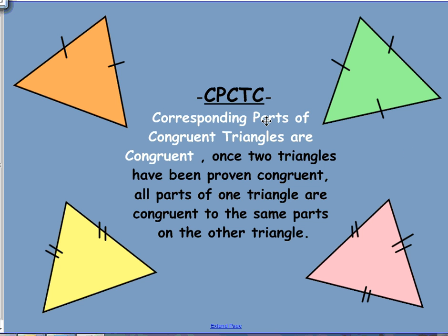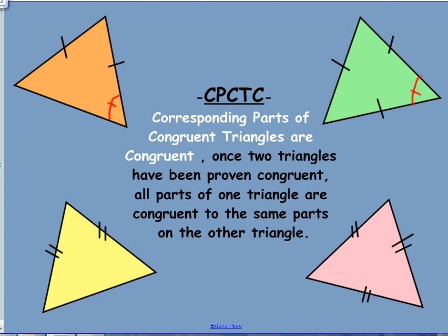So I found that all the sides of both these triangles are congruent, so therefore my triangles are congruent. What I then can state is that this angle and this angle then can be congruent because of CPCTC, because the corresponding parts of the congruent triangles are now congruent.